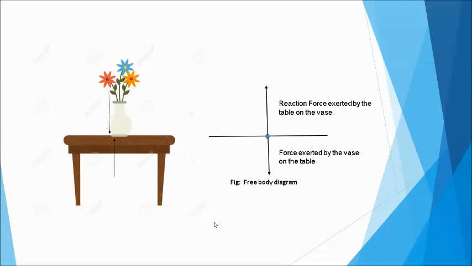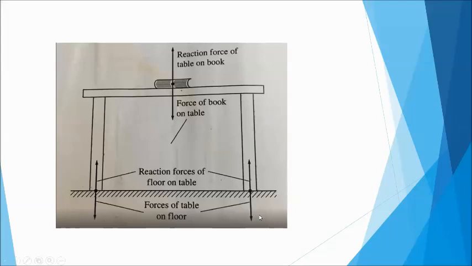Let me give you another picture so that you'll have an idea that there is not only one force pair in a situation. So take a look at this. It looks like our flower vase on a table, except this one is a book.